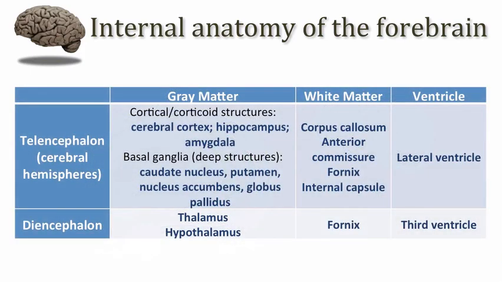Okay, so again, our focus is primarily on the basal ganglia and the thalamus. What we would expect to find are two structures that are found on the medial side of the internal capsule. Those would be the thalamus and the caudate nucleus. On the lateral side of the internal capsule, we would expect to find the putamen and the globus pallidus.